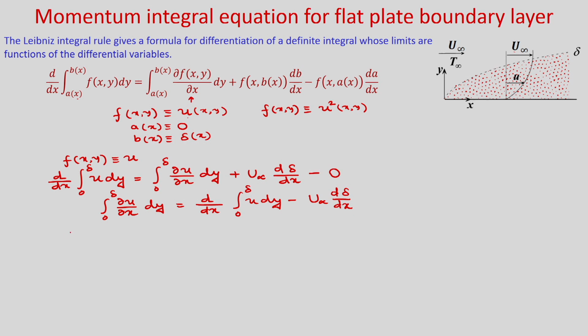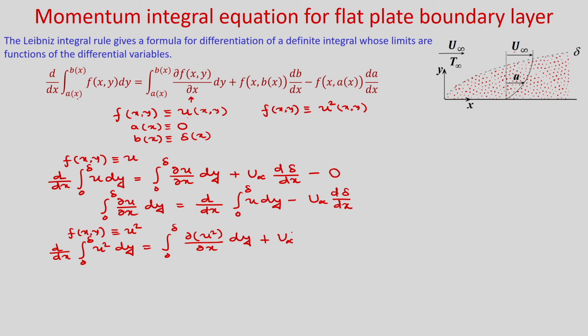And if you use f(x,y) as u², then you can write d/dx ∫₀^δ u² dy = ∫₀^δ ∂(u²)/∂x dy plus this function at y = δ. So, that is your u∞.